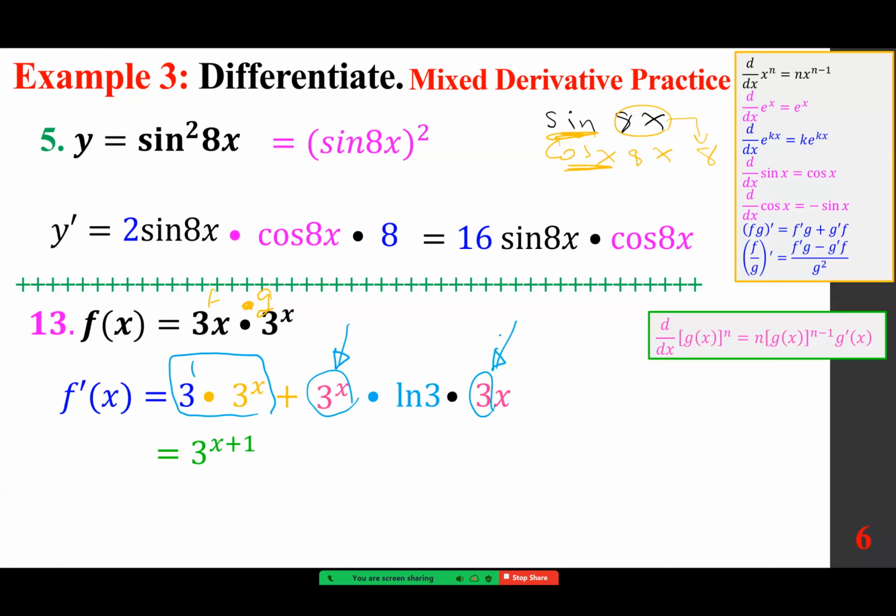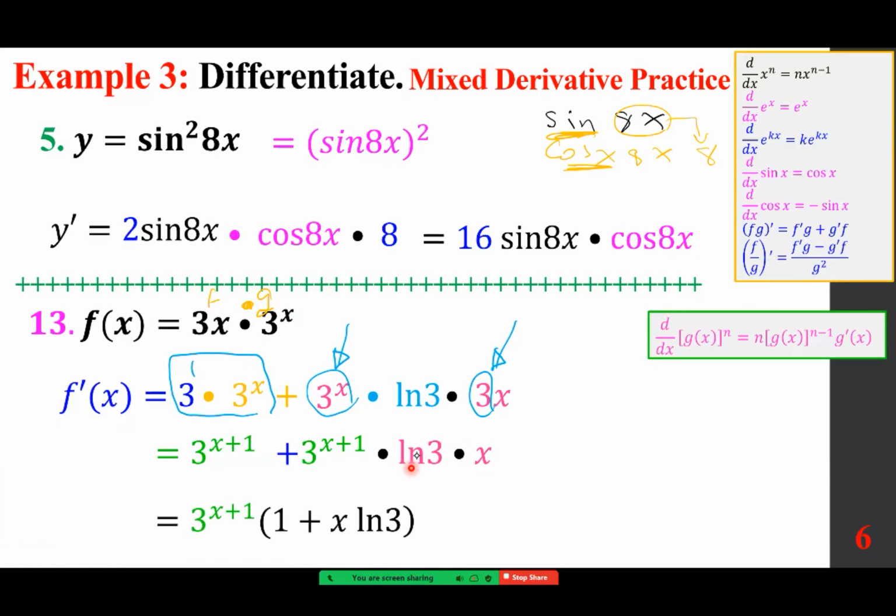And what is left? ln 3 and x. We write it in this fashion so we can factor out the common factor of 3 to the x plus 1. So if I take this one out, this just gives me 1. If I take this one out, this gives me ln 3 times x. The way we write this is x ln 3 because if I put the x after 3, one may be under the assumption that it's ln of 3x. So either write it in this fashion or x ln 3 is a better format.